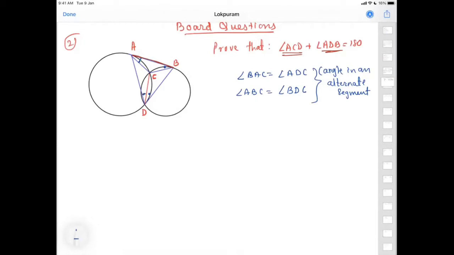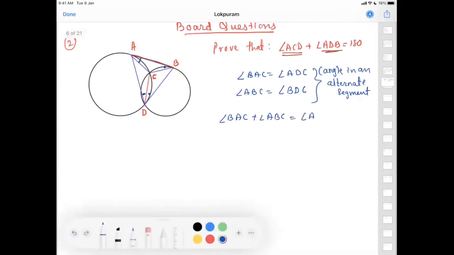So first I took this angle equal to this. Second, I took angle ABC equal to angle BDC. Again, same, angle in an alternate segment. Add both of them. So we will get angle BAC plus angle ABC, adding both of them, equal to angle ADC plus angle BDC.